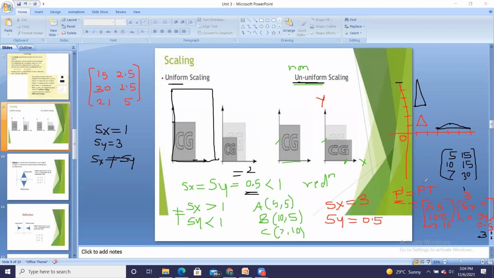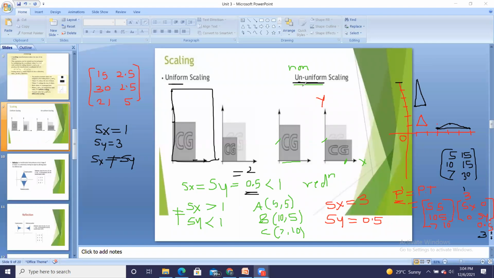Yes, is there any difficulty in scaling now? Yes, students. Got it, ma'am. Is there anyone who is not getting?